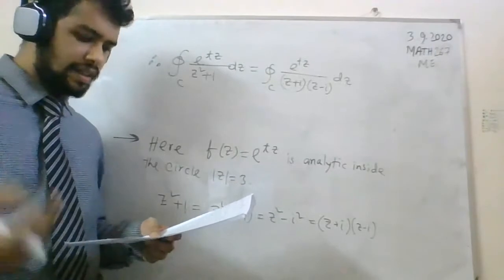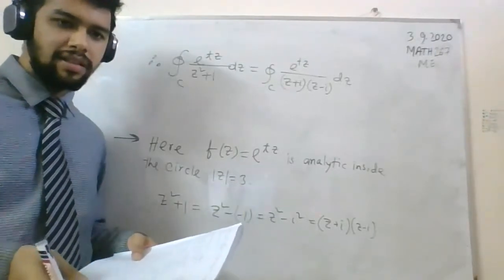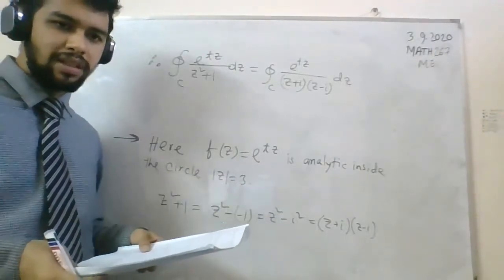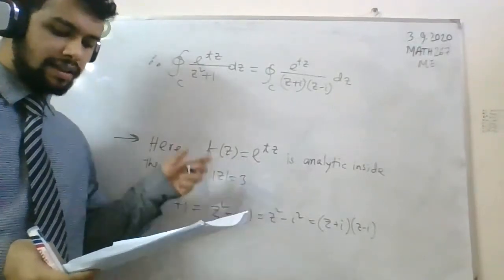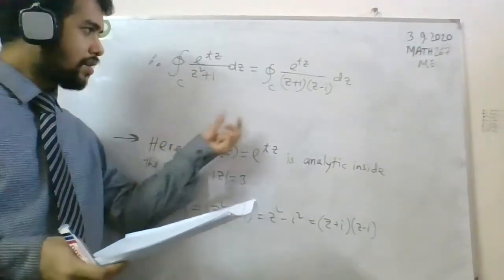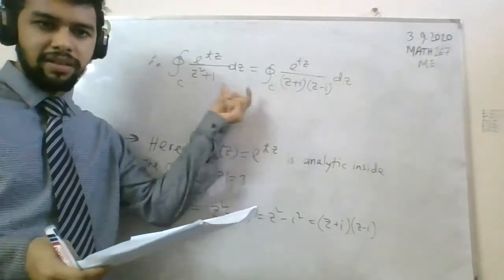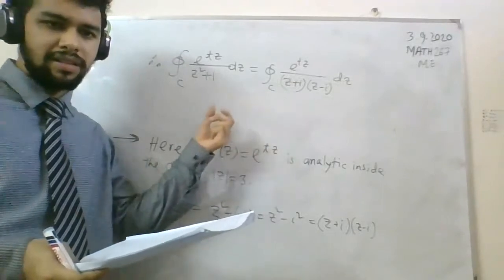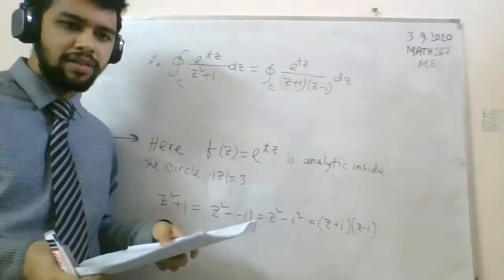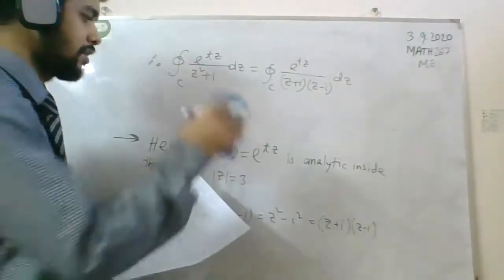If it lies inside the circle, you can apply Cauchy integral formula, and separately you can find the two values from this equation and just add them, you can get your required result.